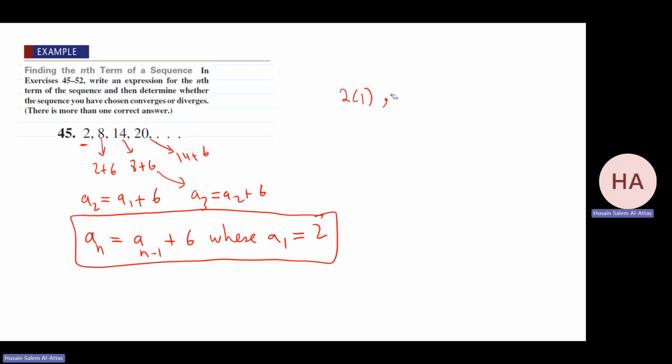No, I think this is the best way to do it, in a recursive way. So a_n equals a_(n-1) plus 6, a2 will be a1 plus 6, that will be 8, and so on. So this is correct. This is the way to write it in a recursive way.